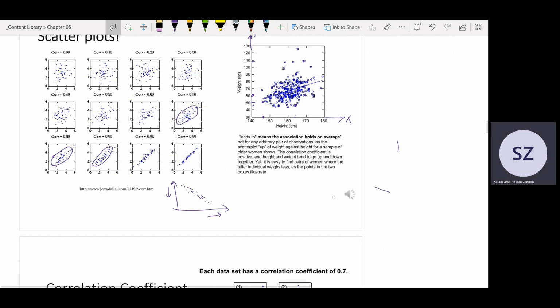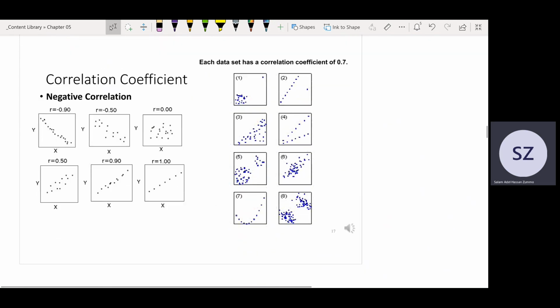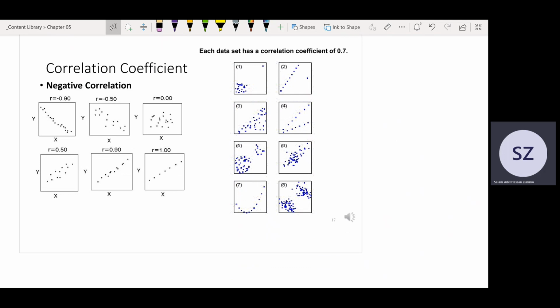Now we understand the scatter plot, what it means, and its relation to the correlation coefficient. Now we are putting here different correlation coefficients. All the figures here on the right have a correlation coefficient of 0.7. Okay? See here, one outlier pulled the data such that it made a correlation of 0.7.